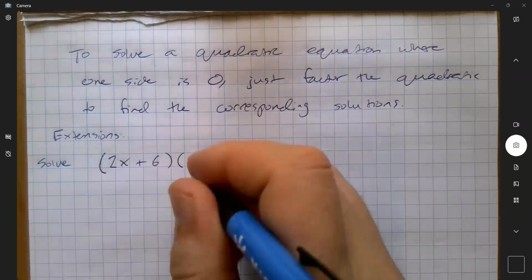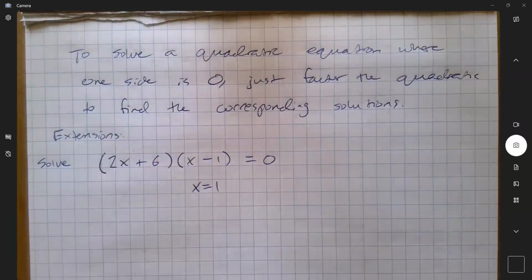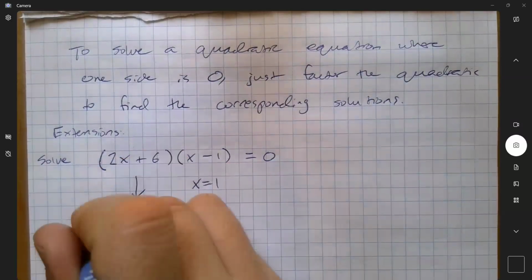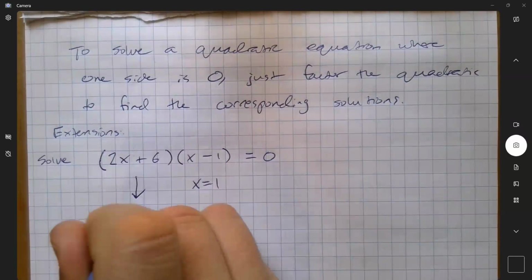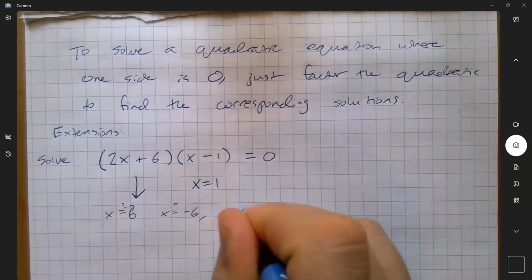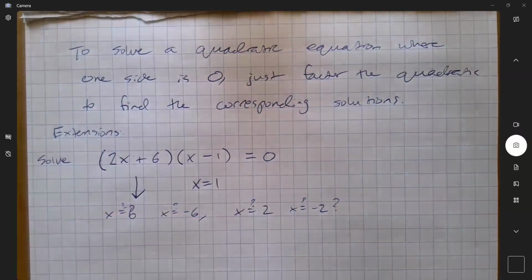The x minus 1 should be fairly obvious. If x equals 1, it all is going to be 0. But the 2x plus 6 is not as obvious. Should x equal 6 or negative 6? Maybe the x should equal a 2 or negative 2.